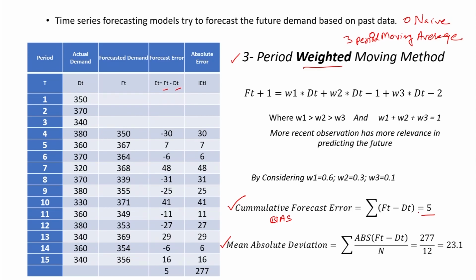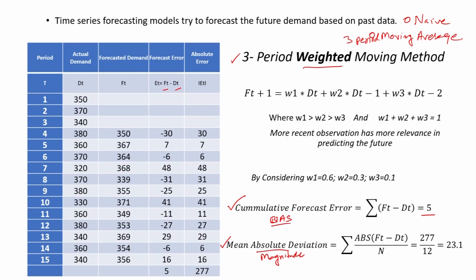Whereas mean absolute deviation will tell you the magnitude of the error. That means you are away from your actual demand by 23 units, which is roughly 7-8% with respect to 350 demand.